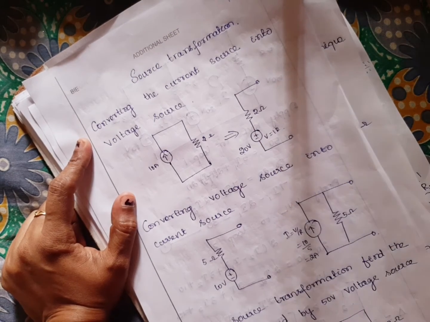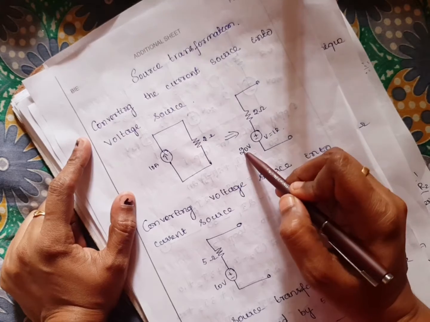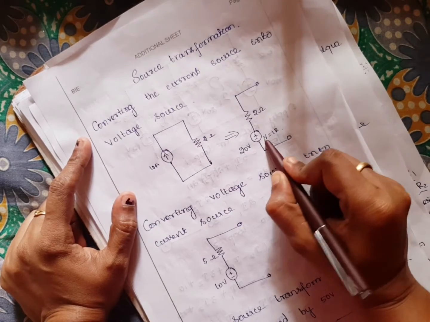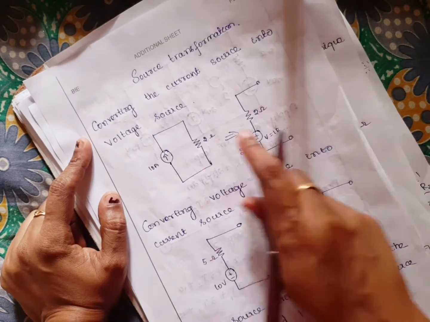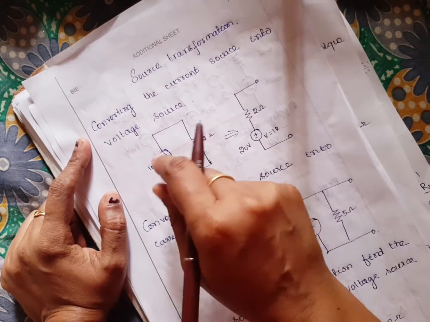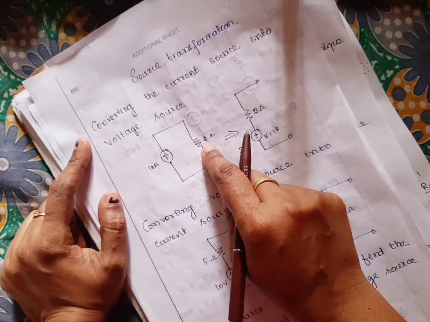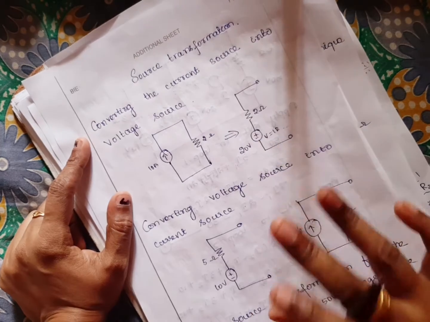In order to convert to the voltage source, what is V? According to Ohm's law, V is equal to I into R. So what is the current here? 10 into 2, 20 volt, okay, into this resistance, series.